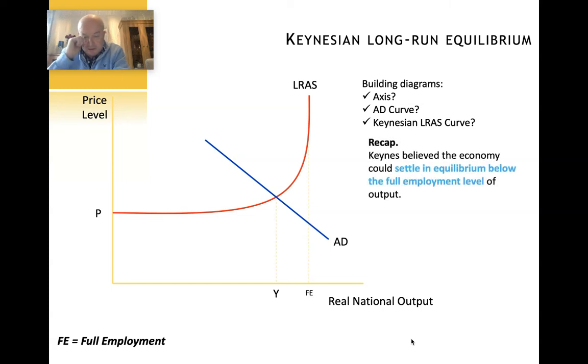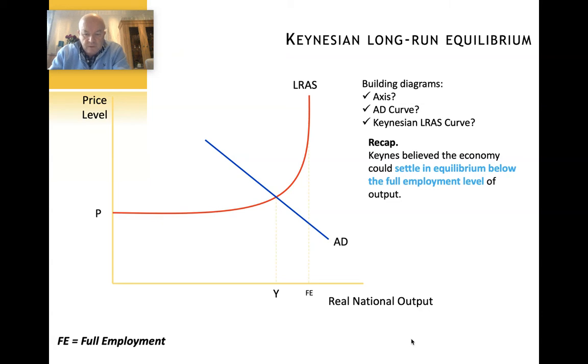Okay, so in this instance, let's just recap that Keynes believed that the economy could settle in equilibrium below full employment level of output. Okay, and again, that's probably a more realistic view than working at full capacity and at full employment consistently in the long run.